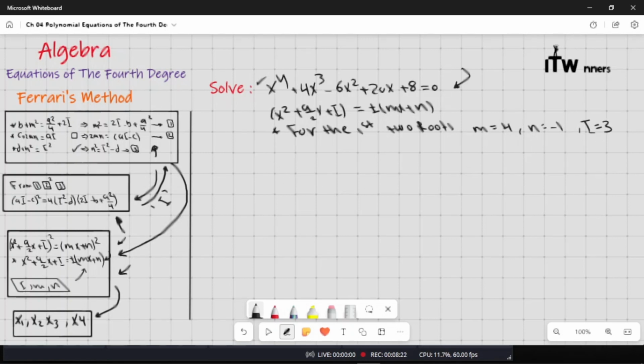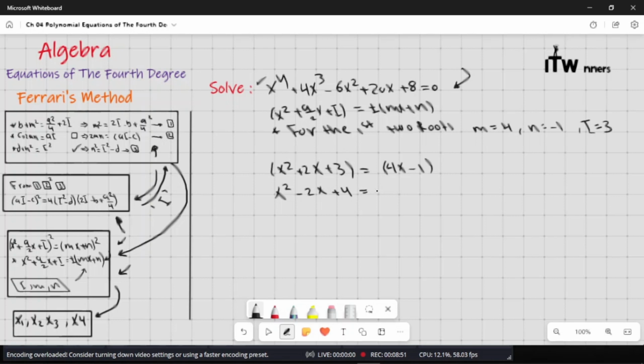Okay, so we have here x squared plus 2x plus 3 equal to 4x minus 1. So we have here x squared minus 2x plus 4 equal to 0.